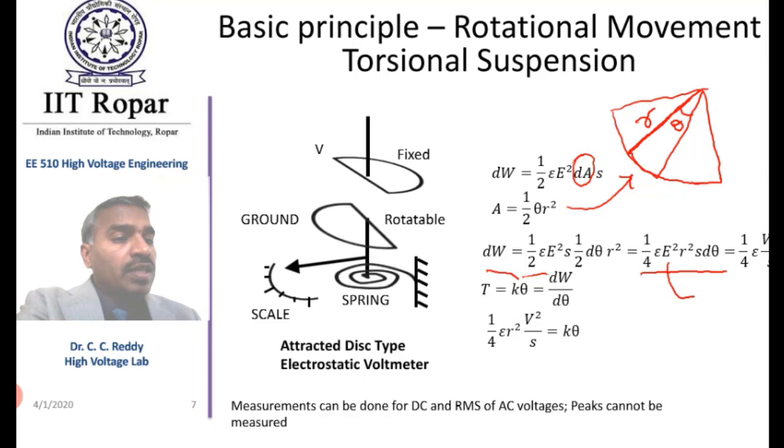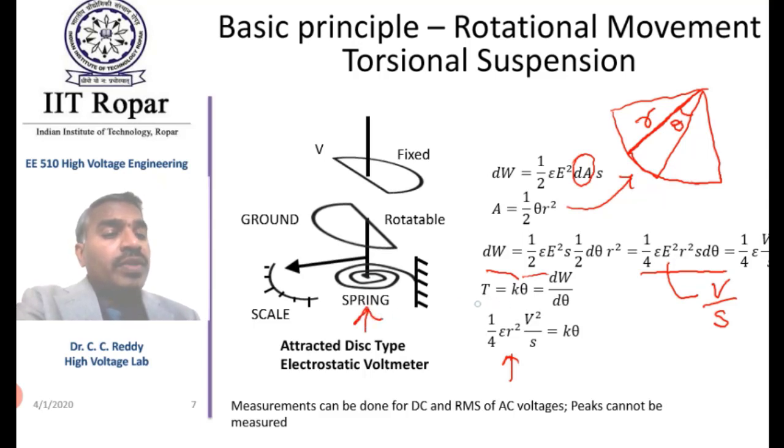Now E can be replaced by V by S approximately. This is what is done. Even if it is not visible, it can be easily written like this. Now the torque T of this spring is given by K theta, where K is again the spring constant, which is in magnitude equal to dW by d theta.